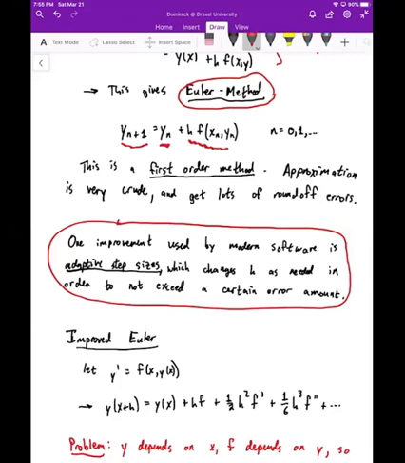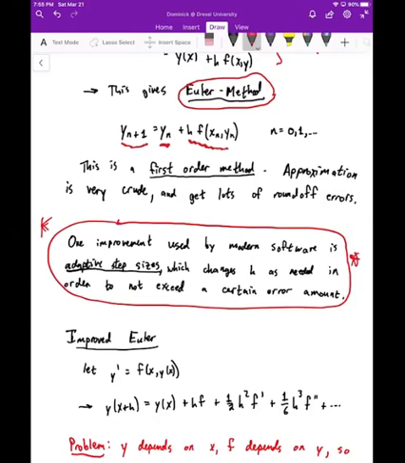Essentially the computer will, in a clever way, change h as needed in order for your approximation to be accurate to some specified level. So if you don't want the error to exceed some certain value, you tell the computer that, and it will change the step size as needed in order to not exceed that error.